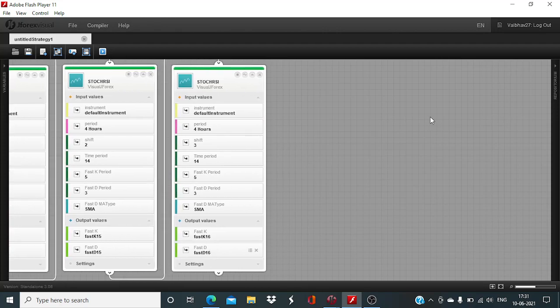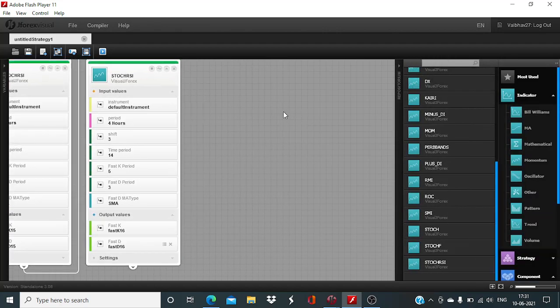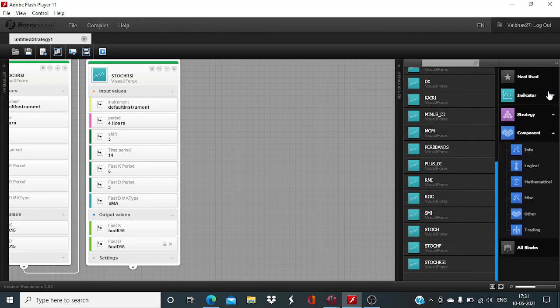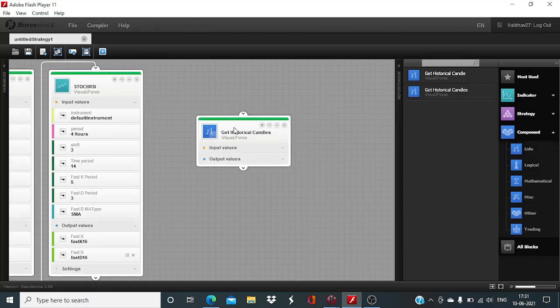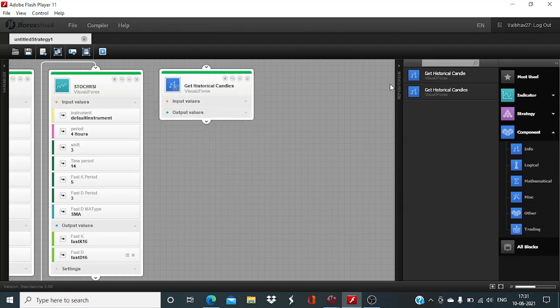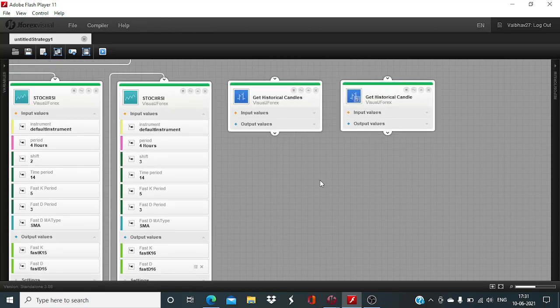And after that, we will also need to take the help of price action, and for that we are going to need the info blocks. First will be these get historical candles, and then we will also consider the single 4 hourly candle.